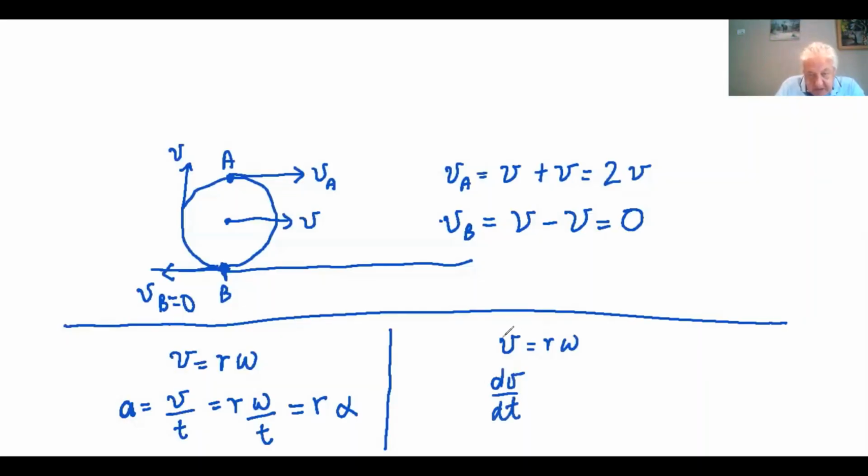This gives me my linear acceleration of the center of mass. This gives me my angular acceleration of the center of mass. So we end up with the same relationship. This definition allows us to define the acceleration at every point of the motion.